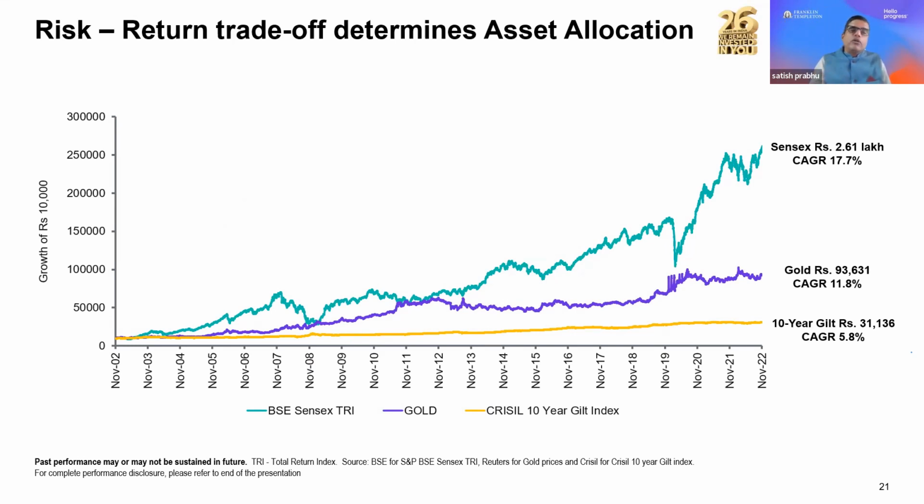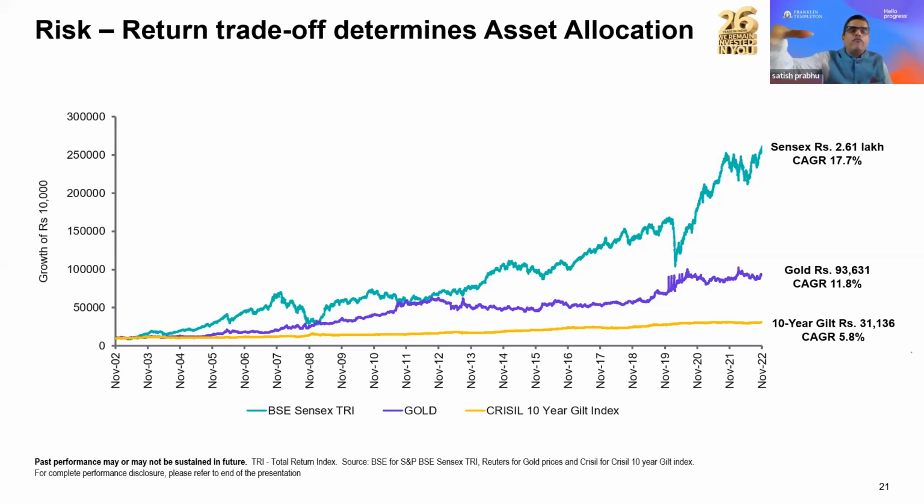In 2008, between 2019 and 2020, and somewhere around 2021 and 2022, you'll observe that equities have fallen a lot. The fluctuations in equity are a lot more compared to gold or debt. That is what I meant by the risk that you take. But if you are willing to take that risk, then equity can give you much better returns.